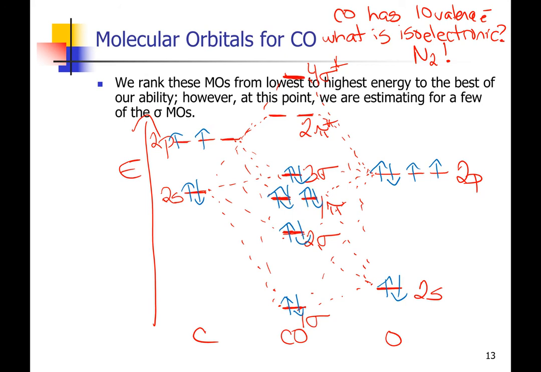And you'll notice I haven't actually committed to whether I'm going to call my 2 sigma and 3 sigma bonding or anti-bonding or non-bonding based on my pictures on the previous page. It's probably reasonable to say that the 2 sigma might be anti-bonding, but we'll take a look at the pretty computer picture in a minute to talk a little bit more about that.